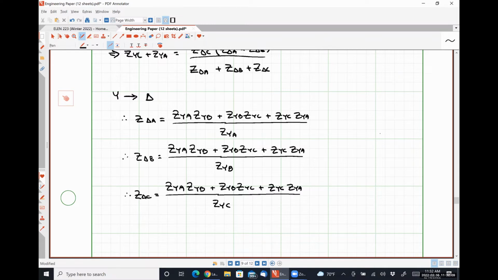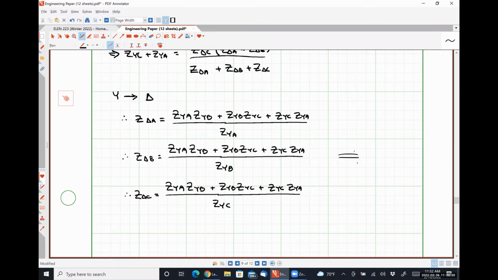Sarah, they are all identical. So this just looks like ZY squared plus ZY squared plus ZY squared, or 3ZY squared divided by ZY, which just gives me 3ZY.